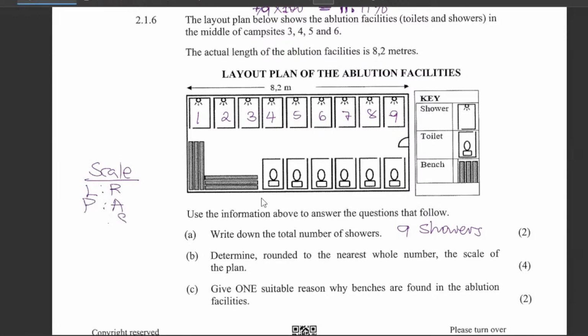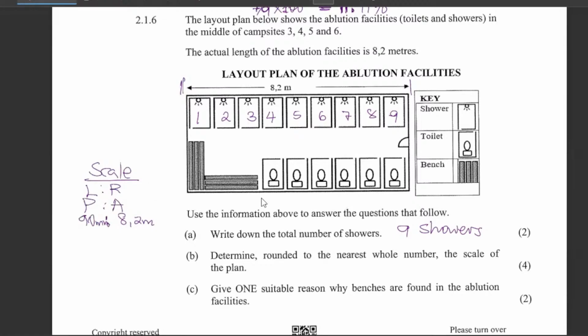You already have the actual measurement, which is 8.2 meters. So you had to measure from here up using your ruler. For me, when I put my ruler on the computer, I get 90 millimeters. That means 90 millimeters are equivalent to 8.2.